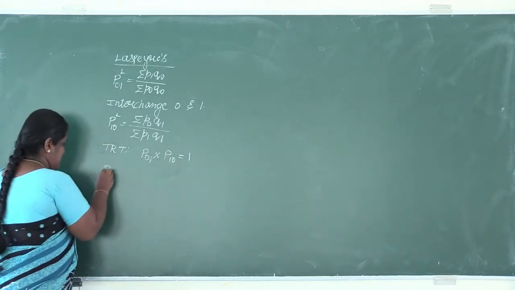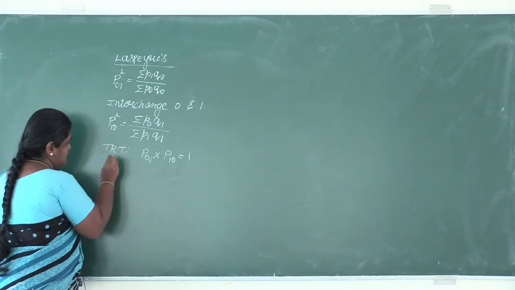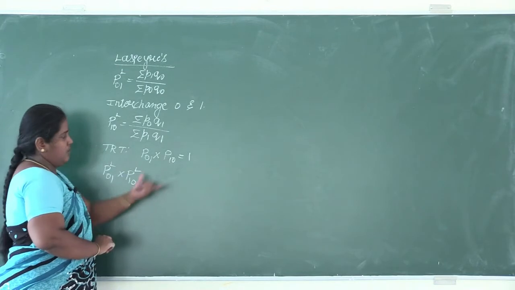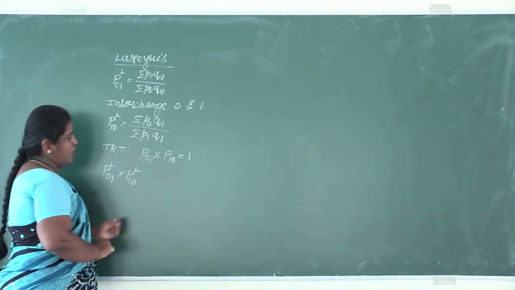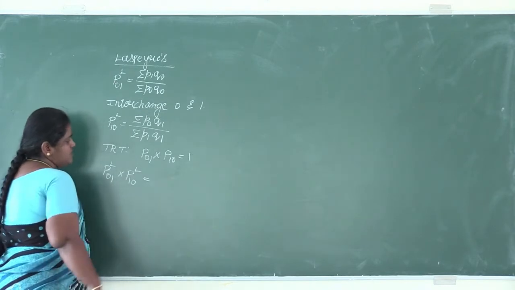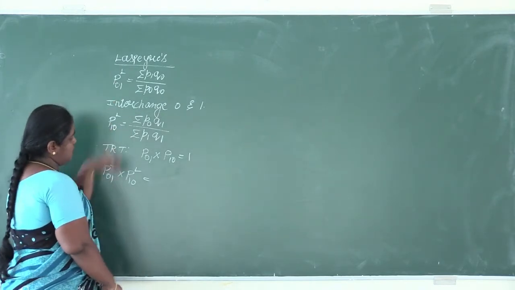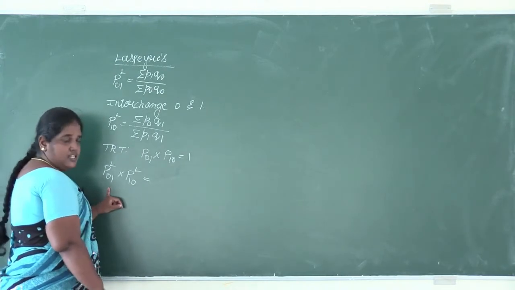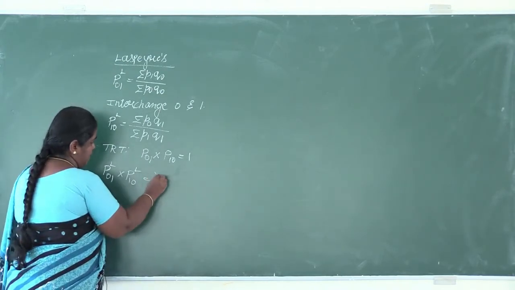Now we'll take the left hand side. So P01L into P10L. So we have taken this side P01 into P10. So P01L into P10L equals, substitute the corresponding P01L formula, that is the Laspeyres price index number formula.